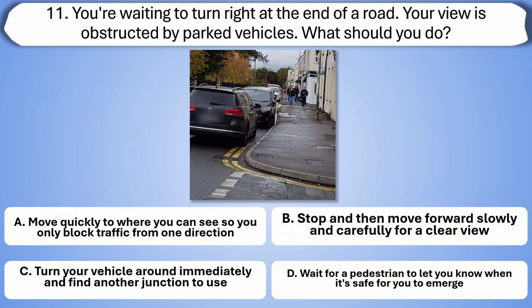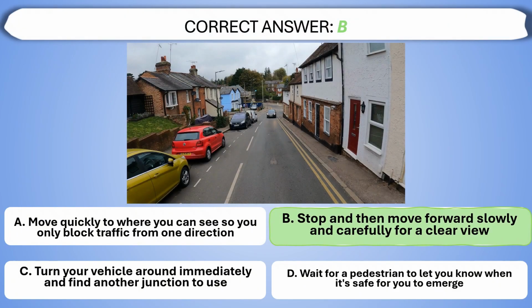C. Turn your vehicle around immediately and find another junction to use. Or D. Wait for a pedestrian to let you know when it's safe for you to emerge. The correct answer is B. Stop and then move forward slowly and carefully for a clear view.